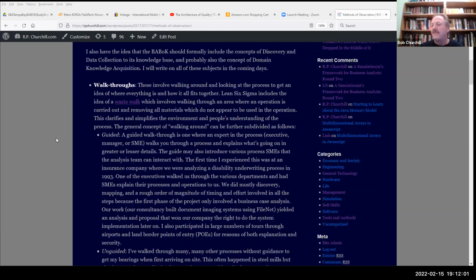So there are a number of ways to do this. One is by walkthroughs. If you have an already existing process, you simply follow the process from wherever things come into it, and follow the process through every processing step, and then go to where all the outputs are.